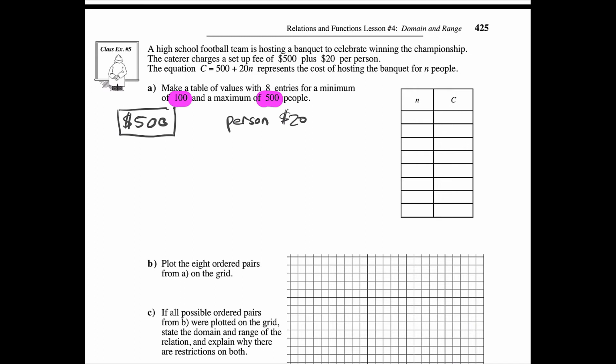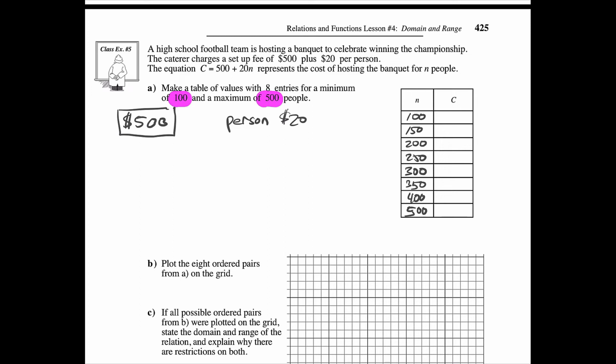So it tells us to fill out the table of values and start here at 100 and go up by a certain amount. So we'll go 200, 250, 300, 350, 400, and well, we got to get to 500, so we'll make that 500 right there.